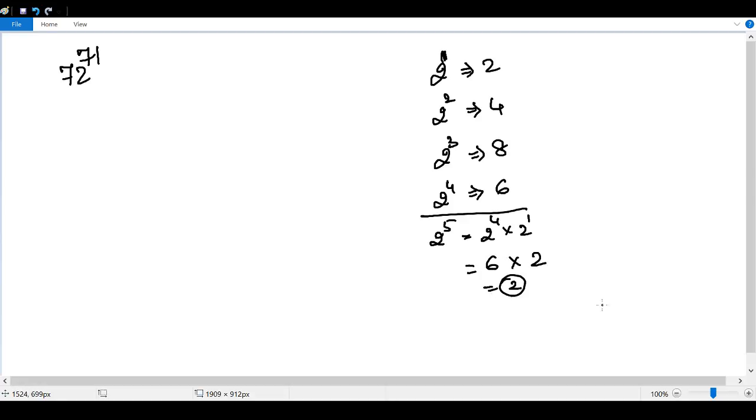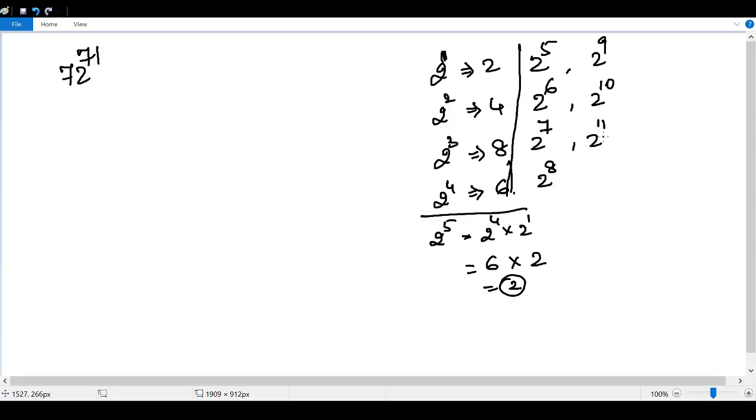So that's a unit digit again 2, which implies that when I look at 2 power 5, my cycle will now again fall back, and 2 power 5 will be 2, 2 power 6 will now give me 4, 2 power 7 will now give me 8, and 2 power 8 will now give me 6. Similarly, 2 power 9, 2 power 10, 2 power 11 and 2 power 12 will start giving me all these respective unit digits that we are looking at.